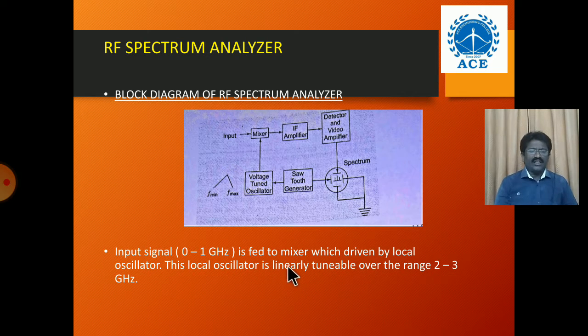The basic block diagram of a spectrum analyzer covering the range 50 kilohertz to 1 gigahertz is represented as the superheterodyne type. So this is our block diagram of the spectrum analyzer using an RF receiver.